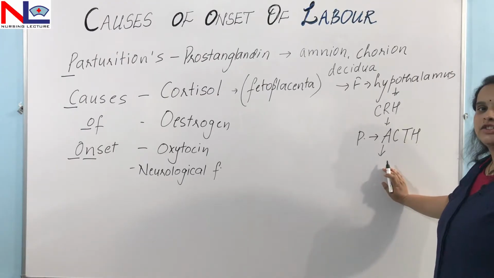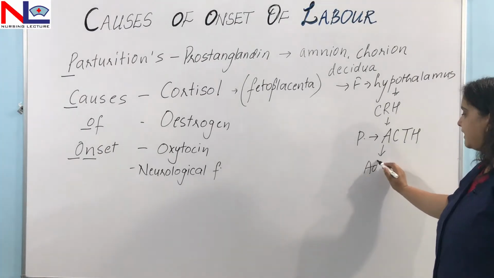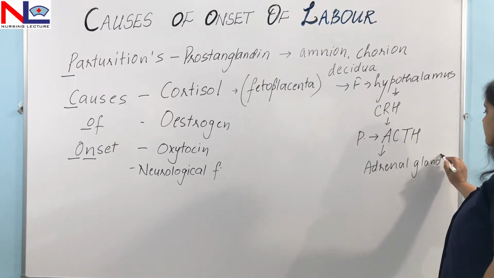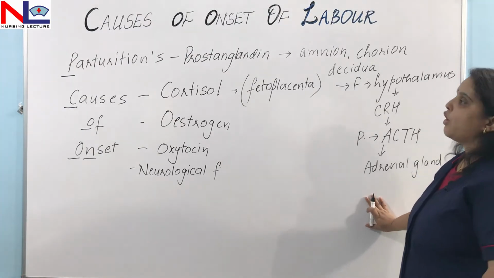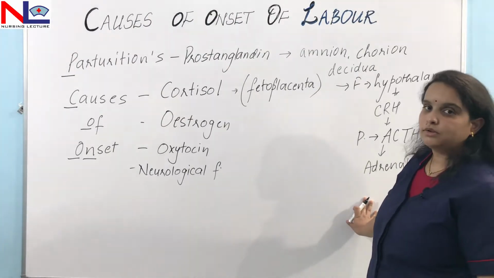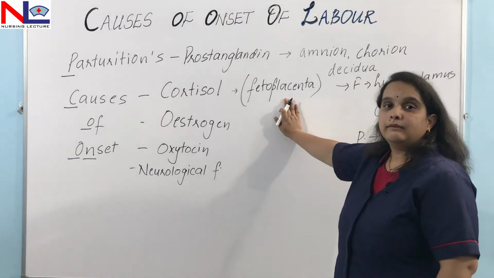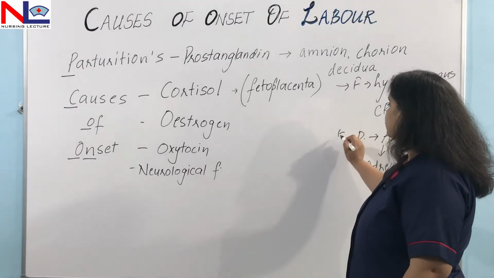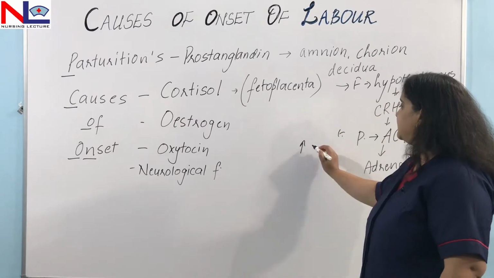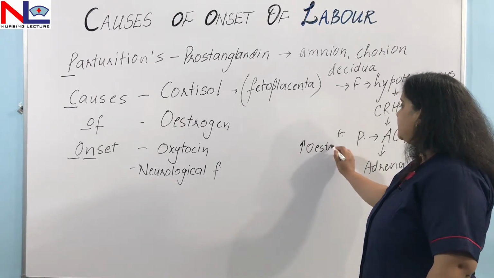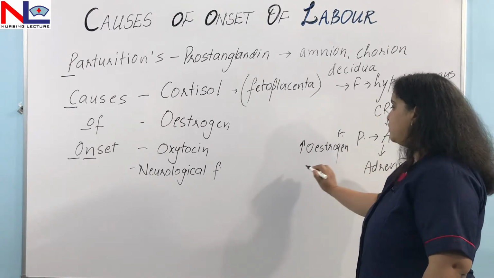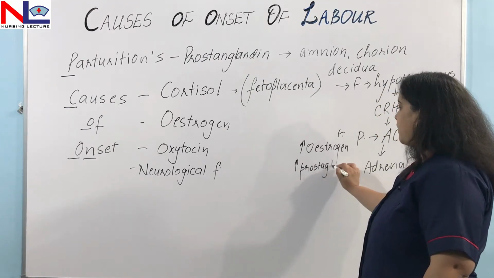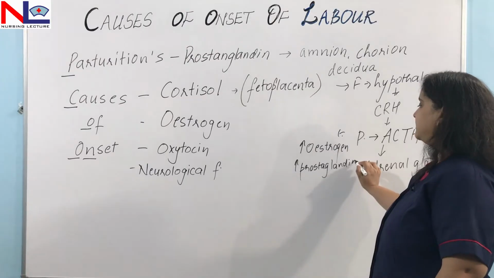That ACTH triggers the adrenal gland, and this adrenal gland releases cortisol from the cortex region, and this cortisol finally diffuses into the placenta, and the placenta finally releases a high amount of estrogen as well as prostaglandin. From where? From the placenta.